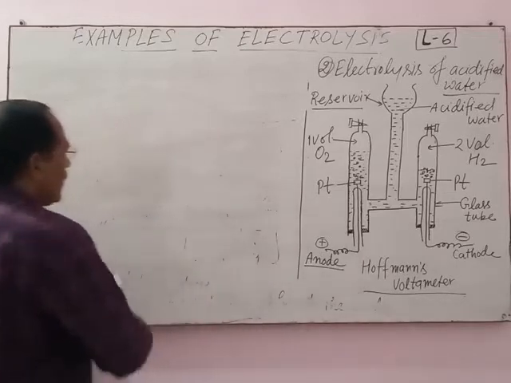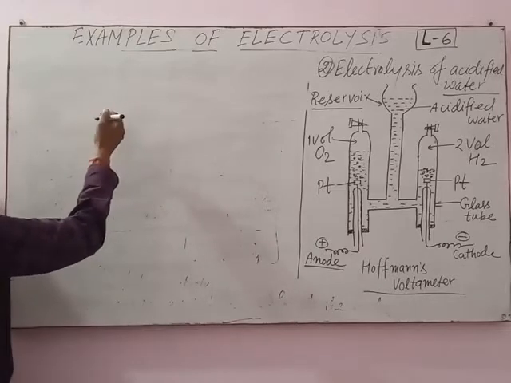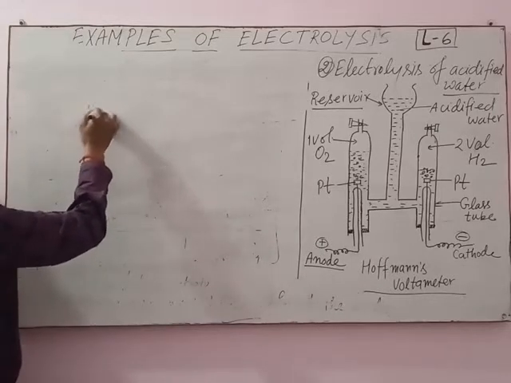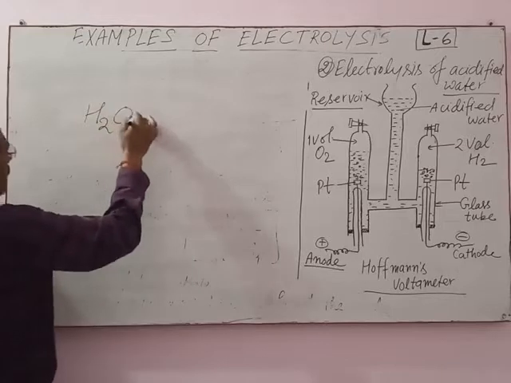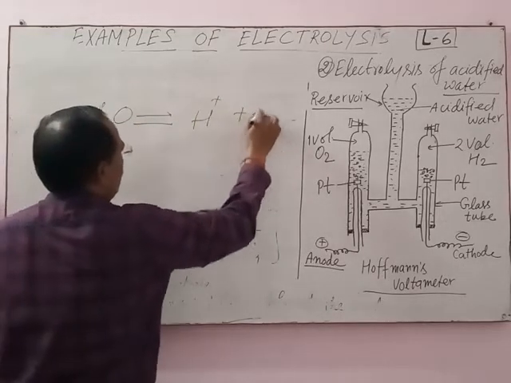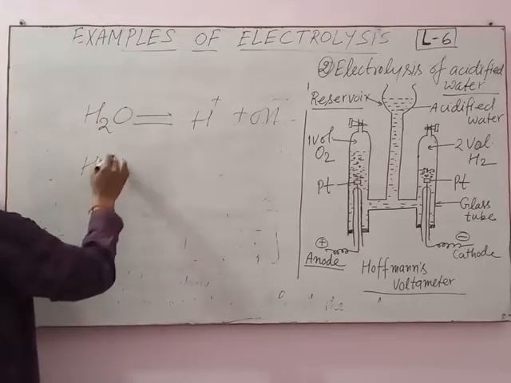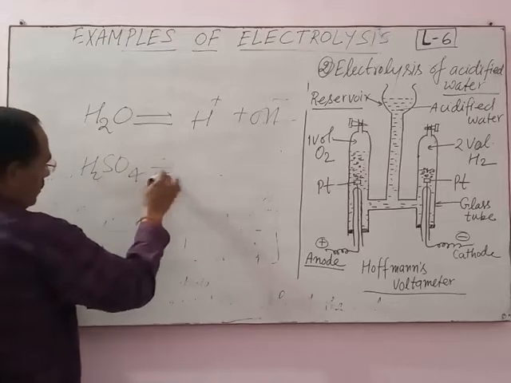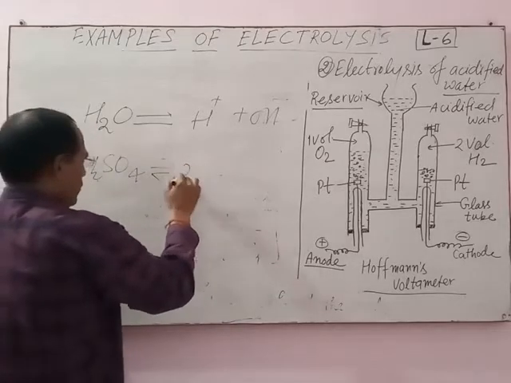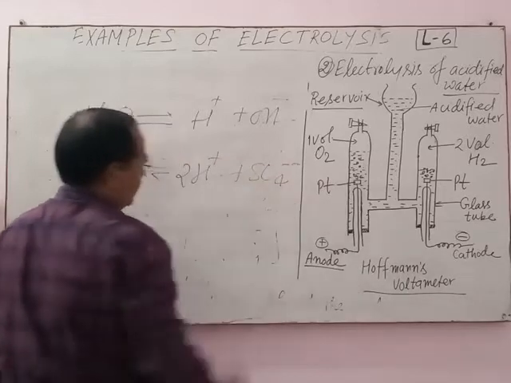In case of acidified water, the following ions are present in it. Due to ionization of water, H ion and OH ions are present, and due to ionization of H2SO4, H ion and SO4 ions are formed.